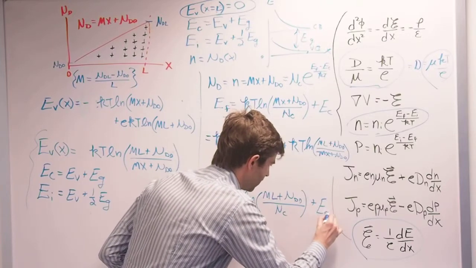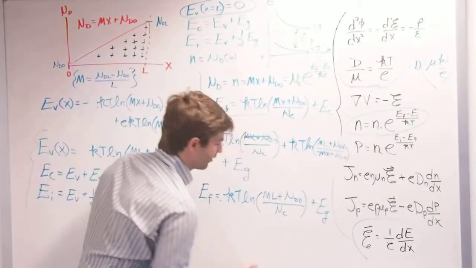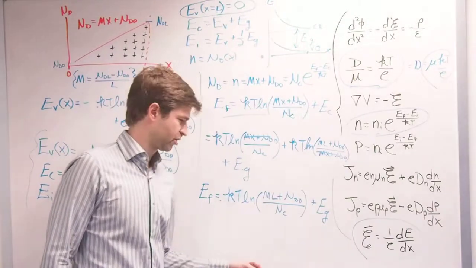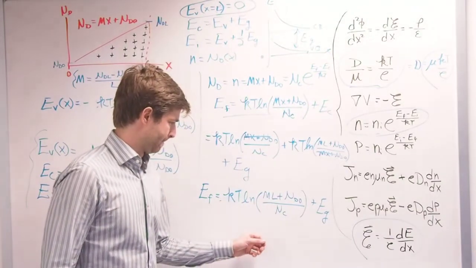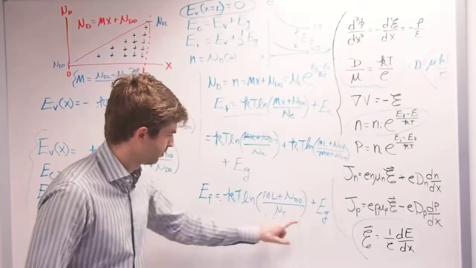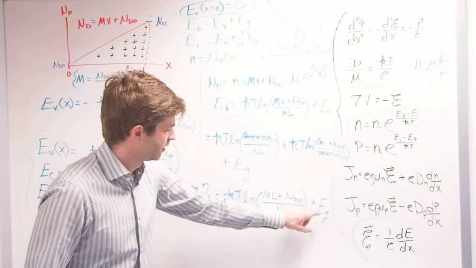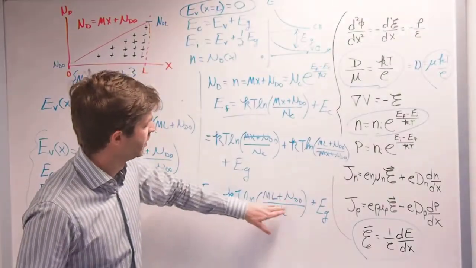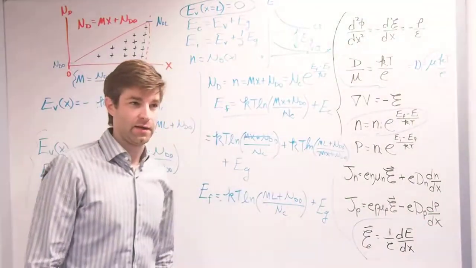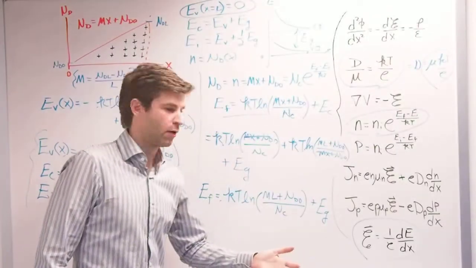plus E_G. Okay, let's do a sanity check here. N_D0 is our constant doping. N_C is our effective density of states in the conduction band. E_G is the band gap. If we have some term plus E_G, then if this term is positive, we have a Fermi energy that's above the conduction band, and that can be considered degenerate doping. But we assume there's no degenerate doping.